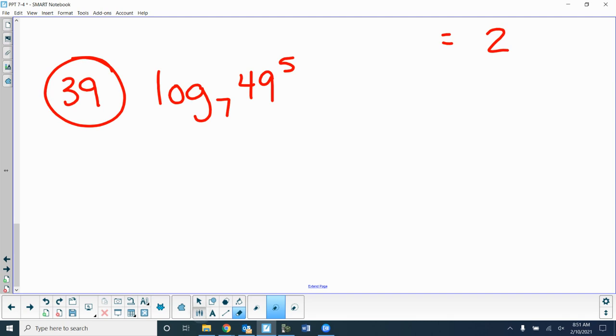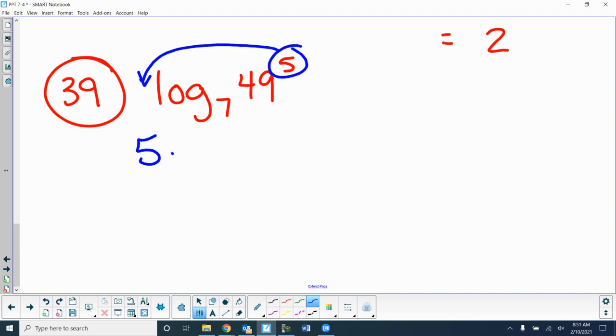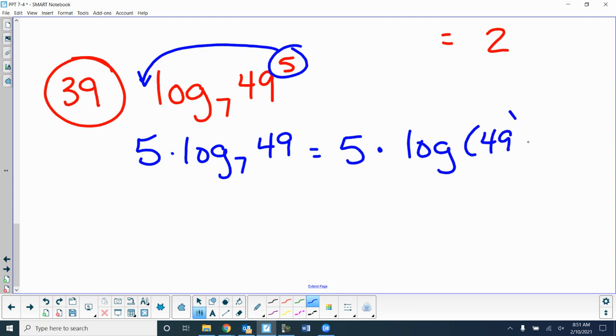So we can move that out front and say 5 times the log base 7 of 49. Then I can put 5 times log of 49 over log of 7. That comes out to what, Grant? 2. Right, times 5. 10, yeah.